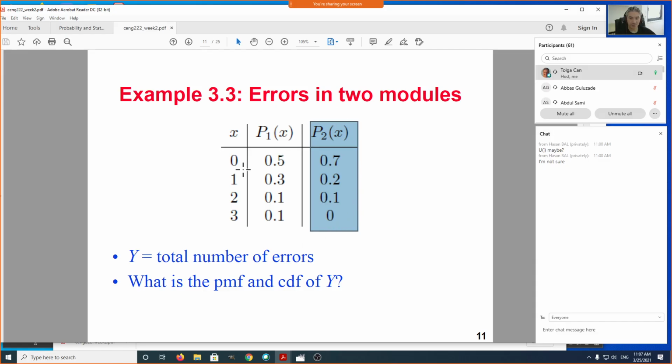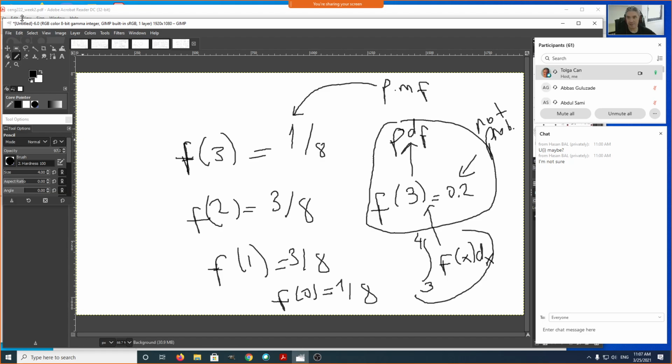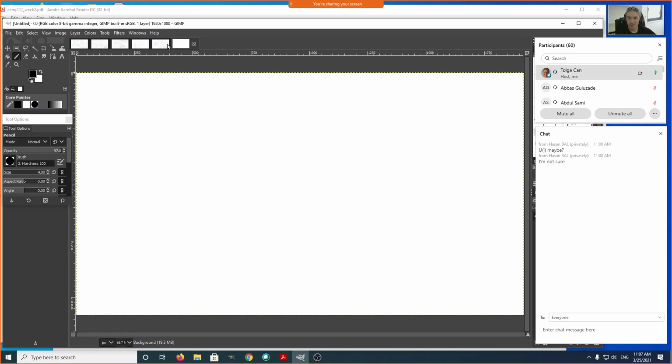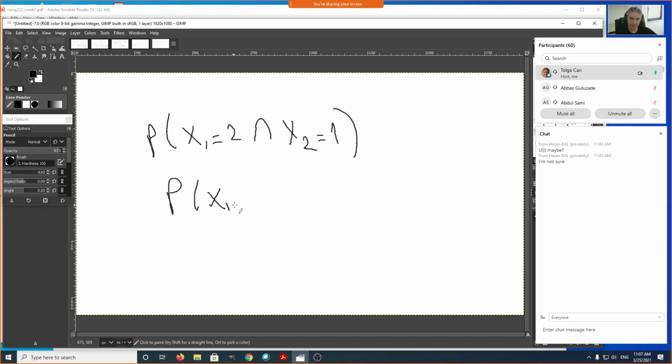If we're given that these two modules are independent from each other, the occurrence of these errors in two different modules are independent. So, for example, the probability that x1 is equal to 2 and x2 is equal to 1 can be computed by multiplying the probability that x1 is equal to 2 by the probability that x2 is equal to 1.